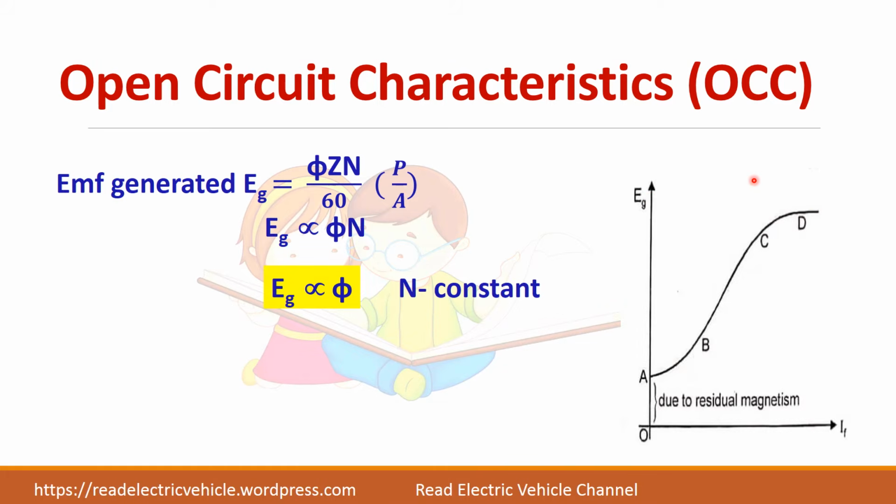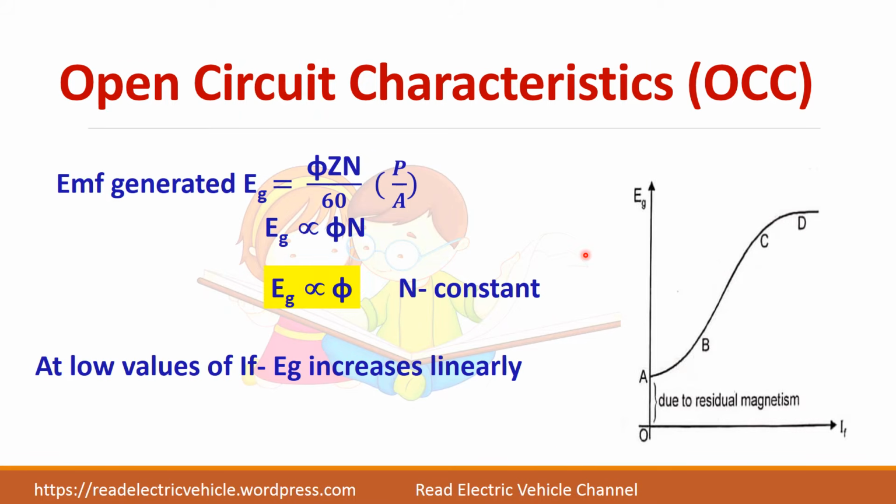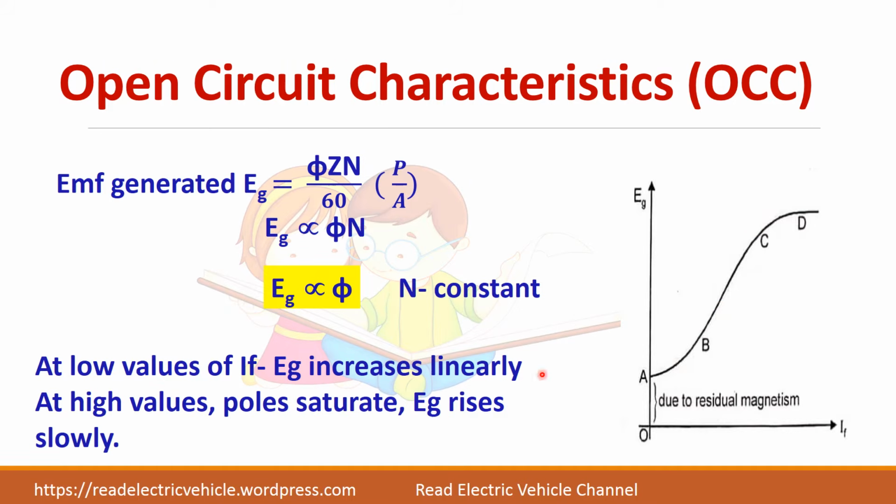So this OCC characteristics helps to find the range under which you can operate the machine. At low values of field current, this EMF increases linearly, and after some time the poles saturate and Eg rises slowly.